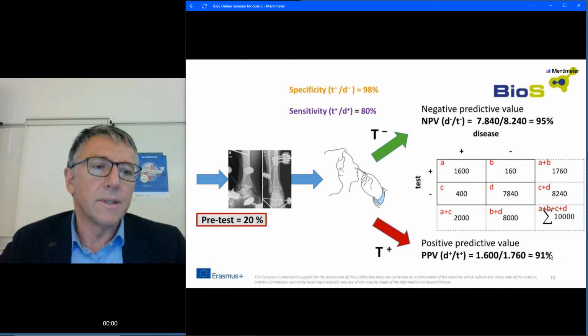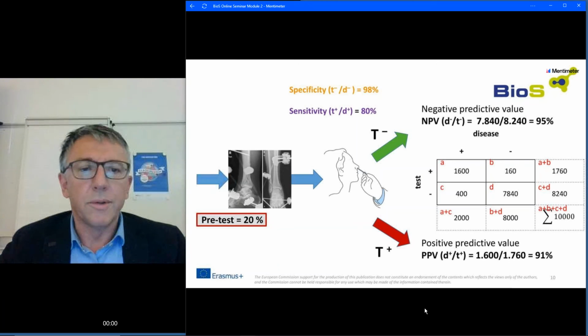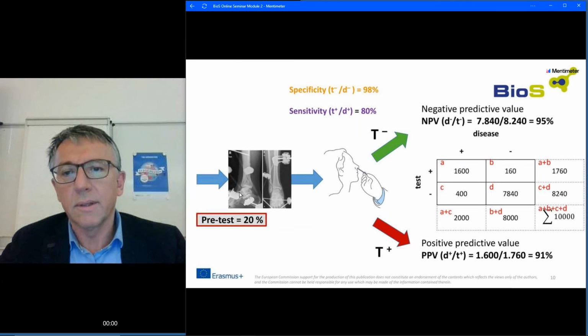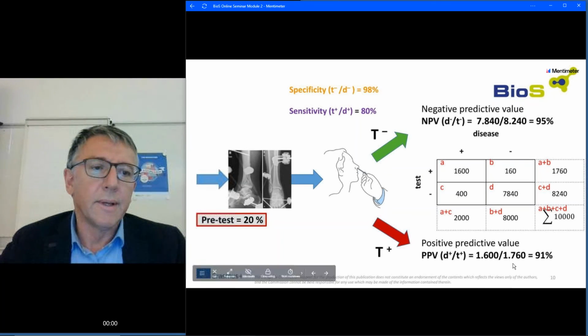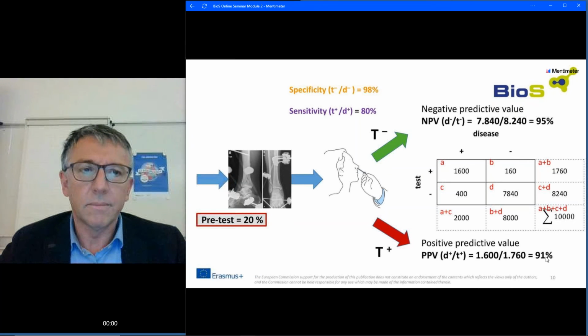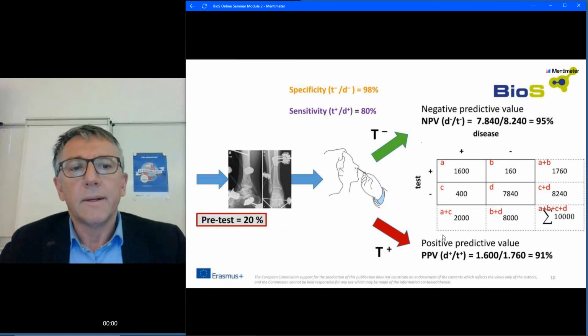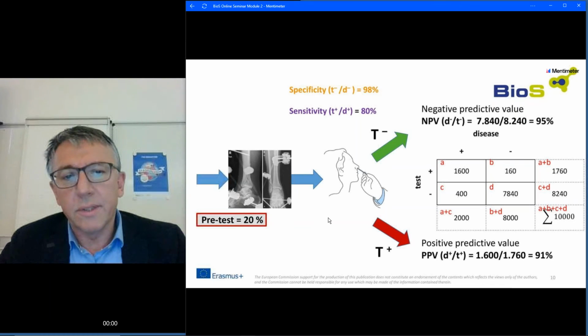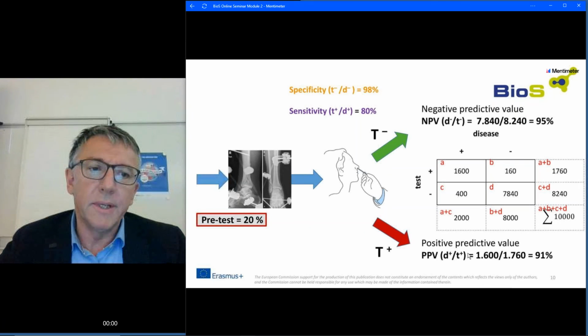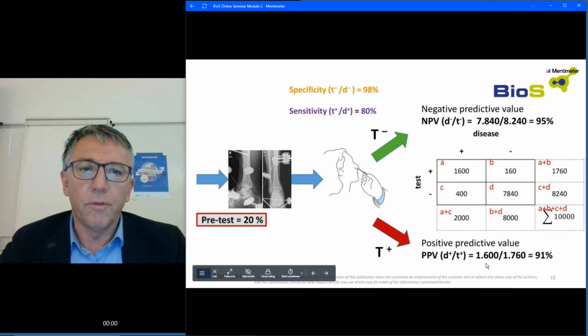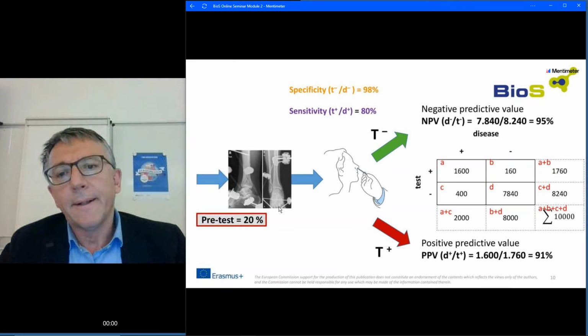Positive predictive value is 91%. So this means this individual with a pre-test probability of 20% being tested positive has a chance of 91% of having been infected by the coronavirus. So this really dramatically increases the probability of her being infected.